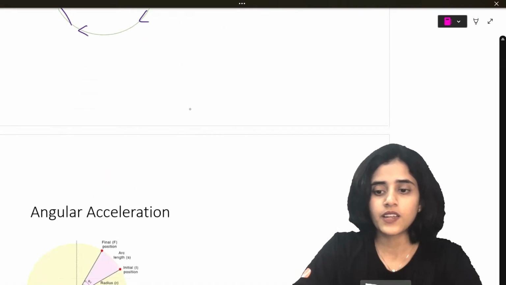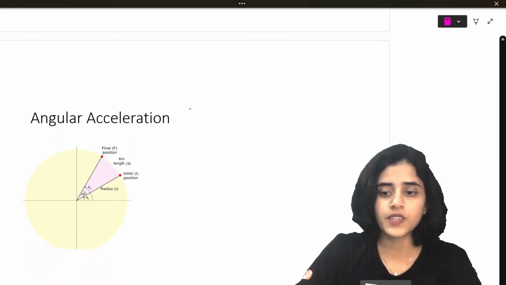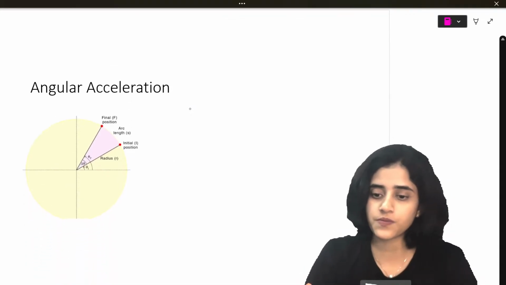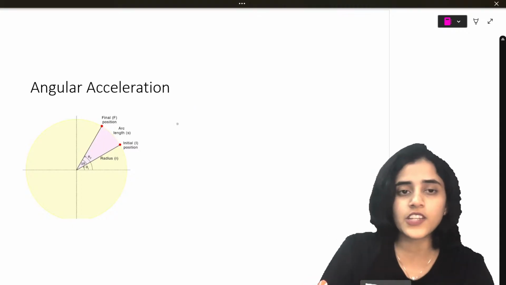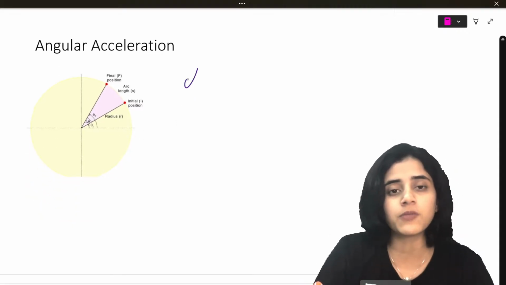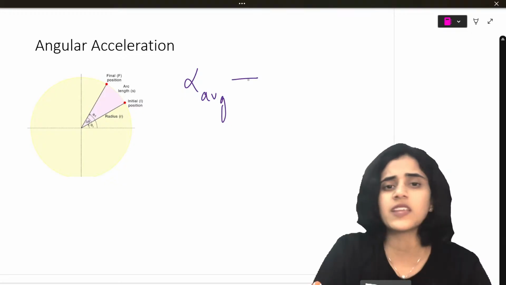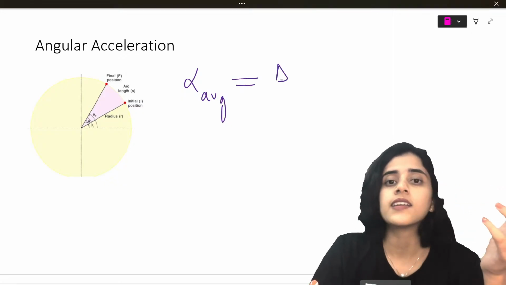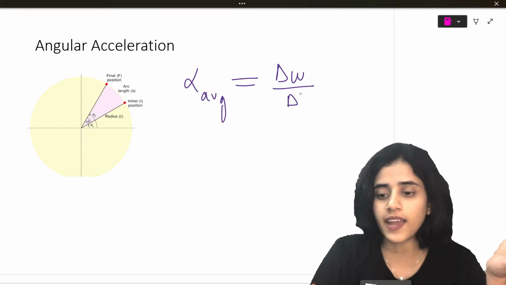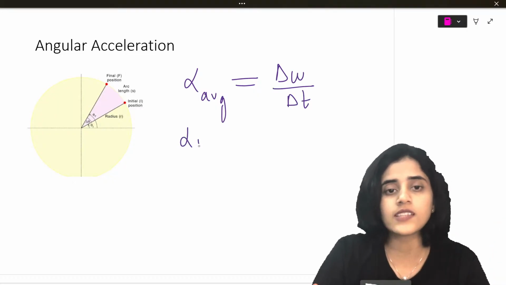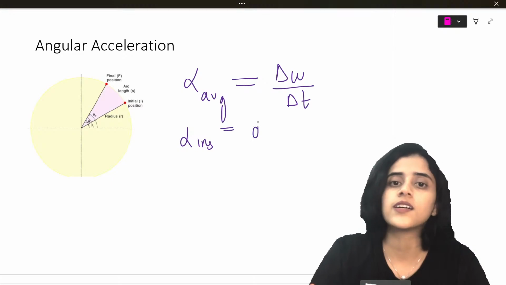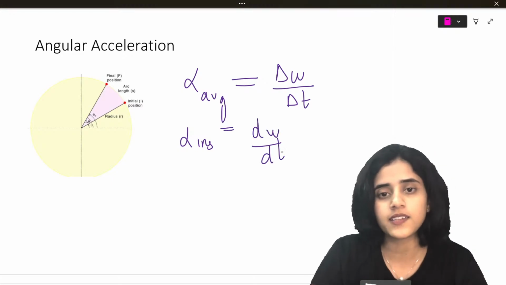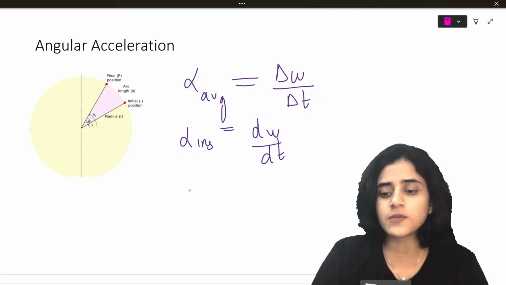Yes. Now, what about angular acceleration? Angular acceleration is given by the alphabet alpha. All these are very important, students. Alpha is average acceleration. That will be what? Change in angular velocity by time. So, instantaneous acceleration will be d omega by dt. Now, what will the units be here?